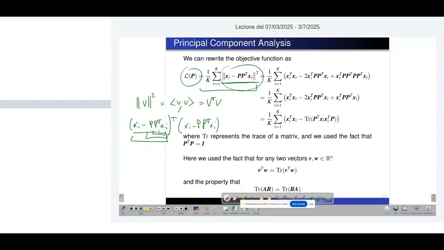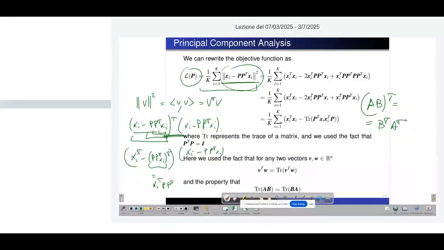Now I have a product between vectors. This is equivalent to xi transpose minus P P transpose xi transpose, all multiplied by xi minus P P transpose xi. When I have a transpose of a product, this is equal to transposing the single terms and inverting the order of the terms. So if I have AB transpose, that's B transpose times A transpose.